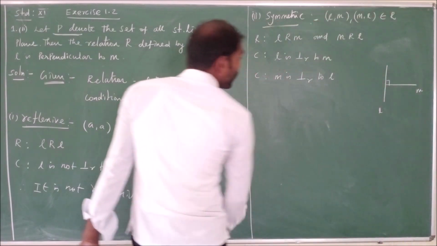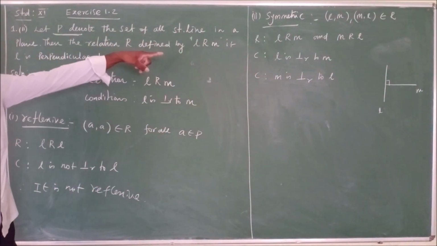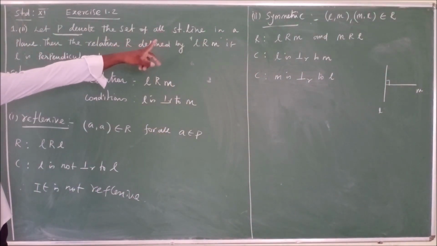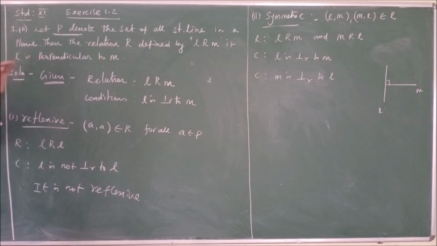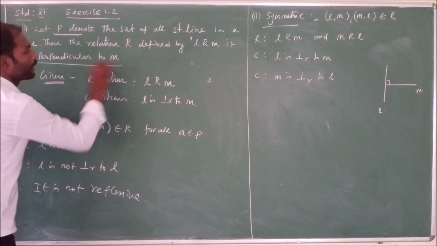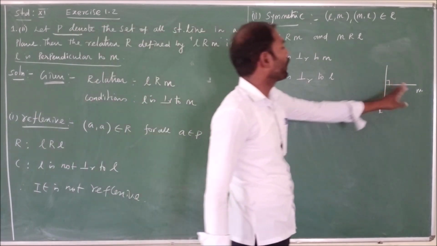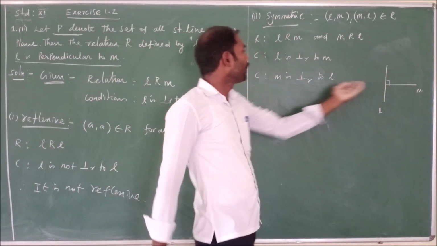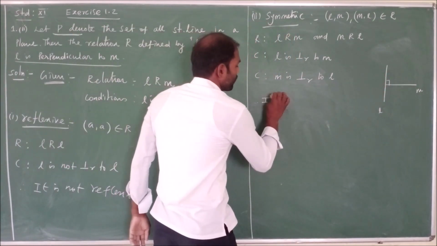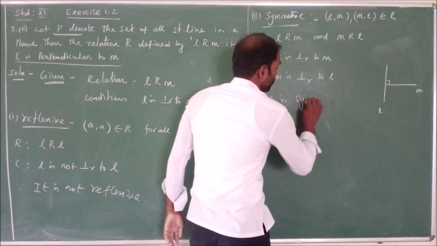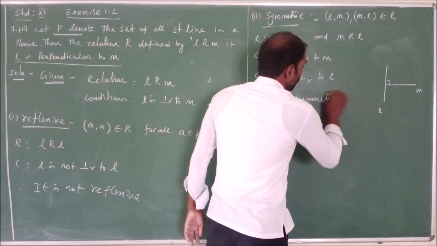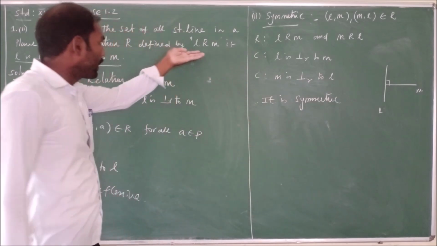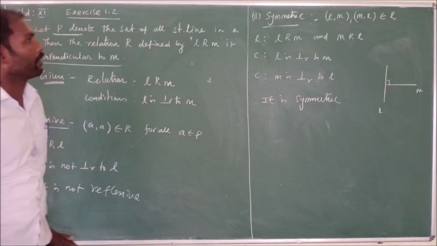It is clear that any two straight lines satisfy this condition: L is perpendicular to M, and M is perpendicular to L. Hence, the given relation is a symmetric relation.